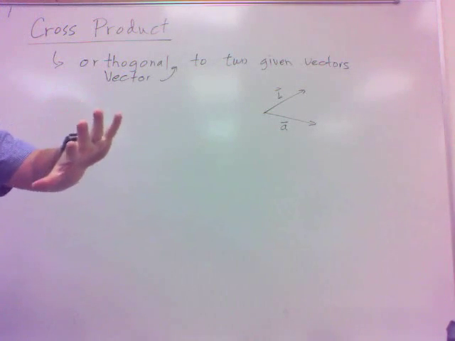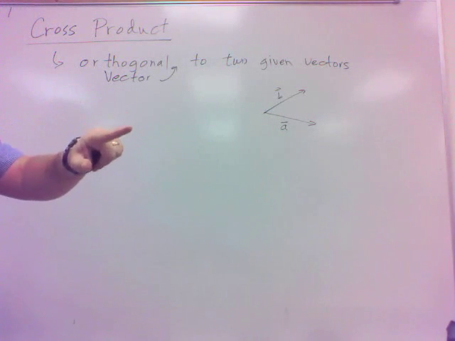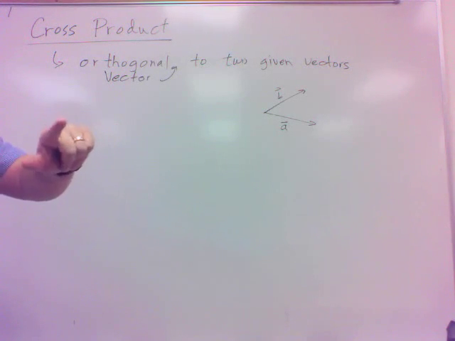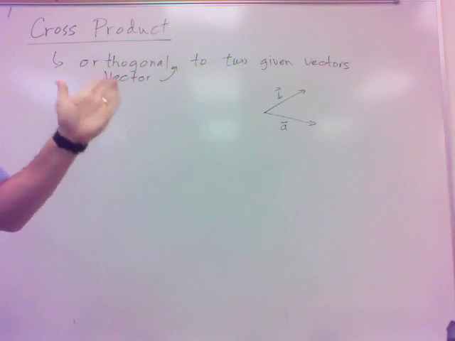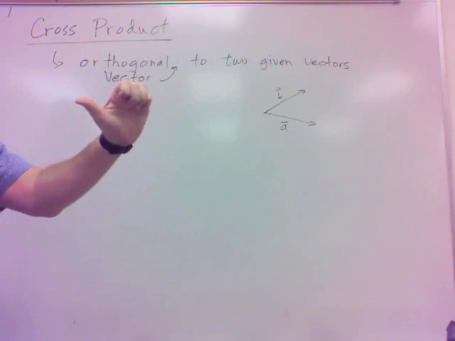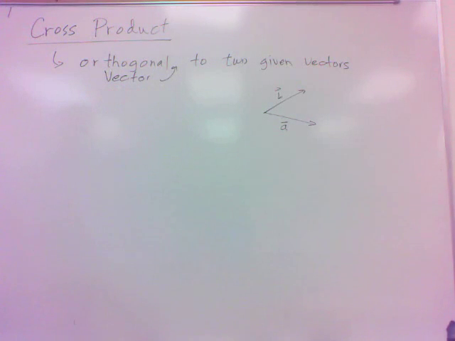If one vector's coming out here and then the other vector, it's going to be perpendicular to both of those, wherever those vectors are pointing.